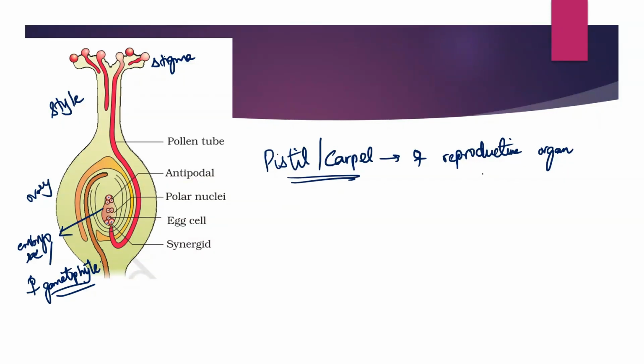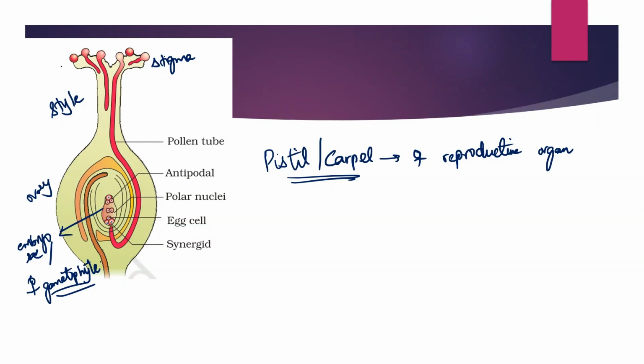But actually, the female reproductive organ is the carpel or pistil, and it has three parts: ovary, style, and stigma. If we consider a hibiscus flower, if the pollen grains of the hibiscus flower fall on the stigma of the hibiscus flower, then there will be compatible pollination. If hibiscus pollen grains fall on rose stigma, then obviously it's not a compatible pollination.